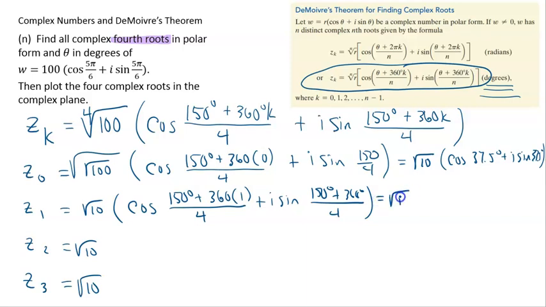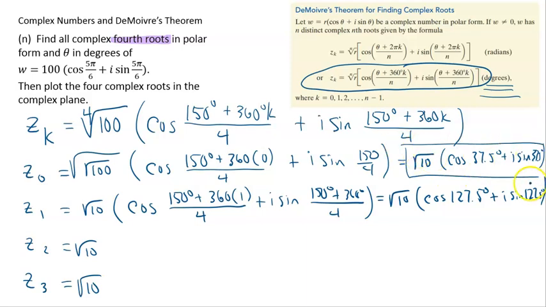That's going to equal the square root of 10 times, now 150 plus 360 is 510 divided by 4 is 127.5. So you have cosine of 127.5 degrees plus I times the sine of 127.5 degrees. Okay, these are four distinct roots. So this is the first root where there's 37.5 degrees. This is the second root with 127.5.